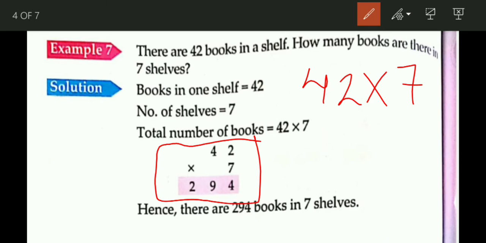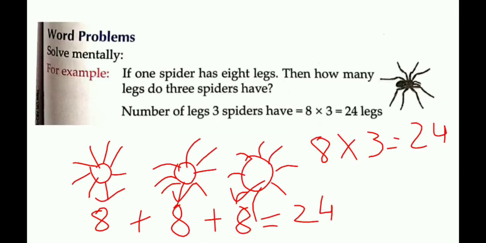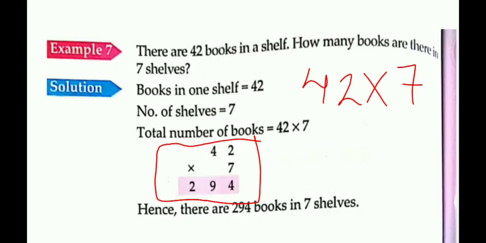For the previous one also, for the spiders, you only have to do 8 into 3. But in order for you to understand, I have drawn these spiders and counted all the legs of the spiders. But the easiest way is for you to just write 8 into 3. Even for the next one, I just did 42 into 7.